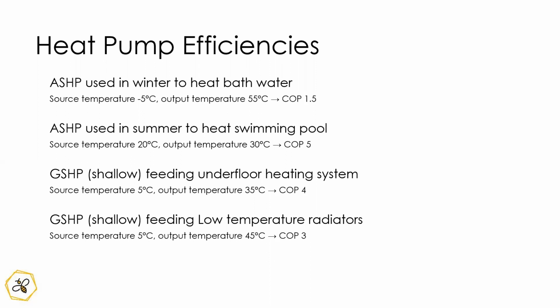Then your COP might only be about 1.5. On the other hand, if you're using it in summer to heat a swimming pool, then your temperature difference is a lot less and your COP increases to 5. So that's the range of COPs that you'd probably be looking at for an air source heat pump.